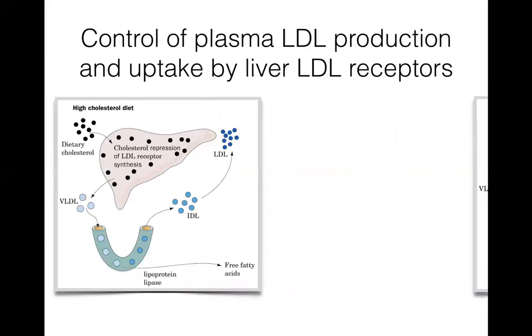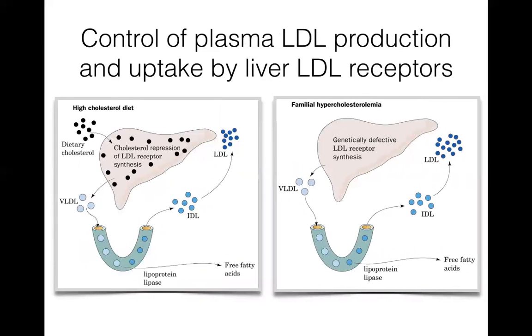There are, of course, some individuals who have genetic defect in the production of both hepatic ApoE receptor and ApoB100 receptors in the liver. So even with normal levels of lipids in the liver, it does not produce these particular receptors.